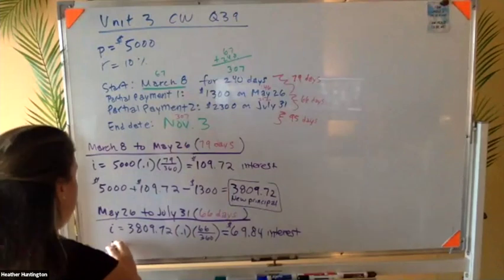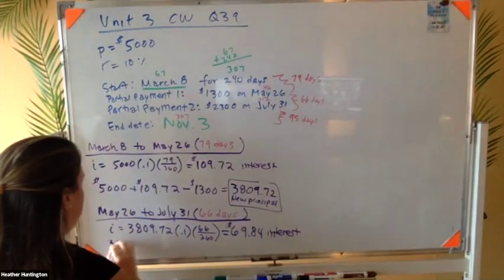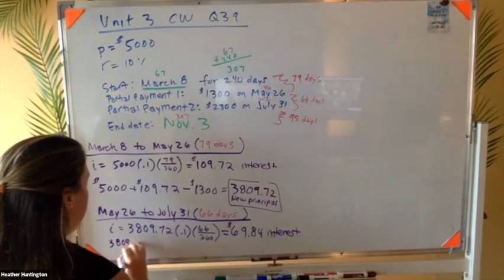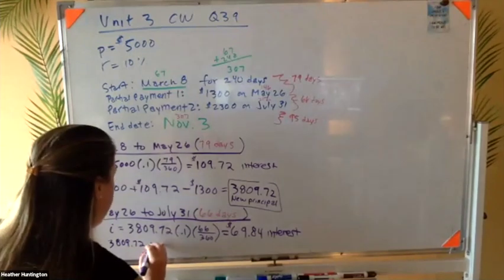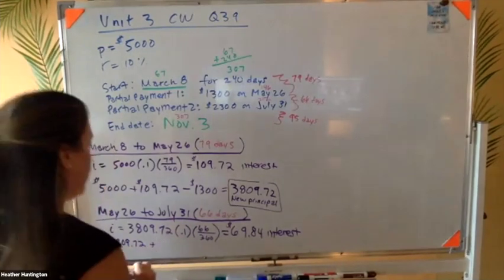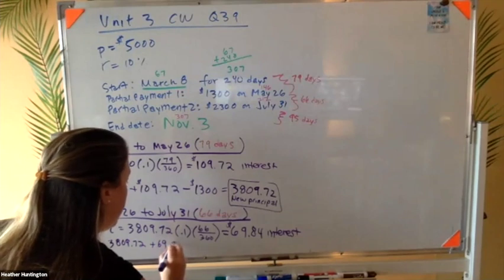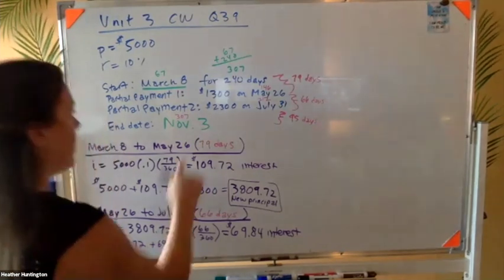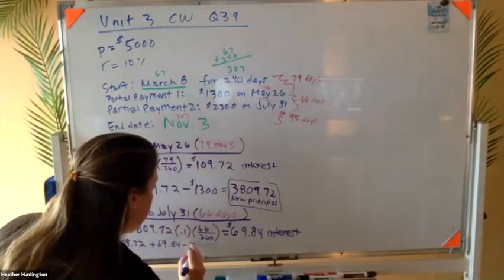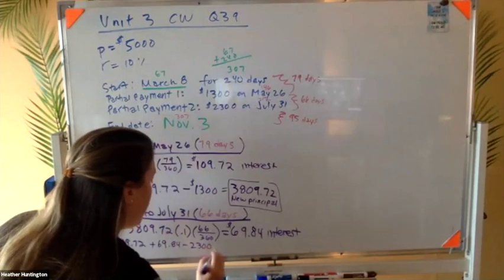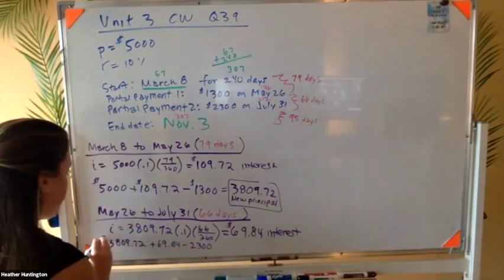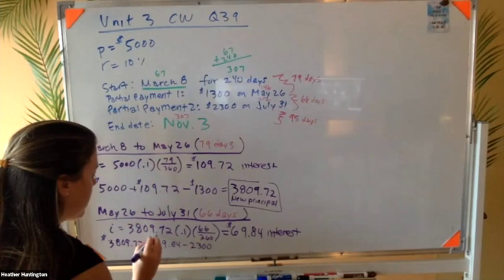So it's going to be 3,809.72 plus our interest, which is $69.84. And then we subtract out our partial payment amount. This is all dollars.